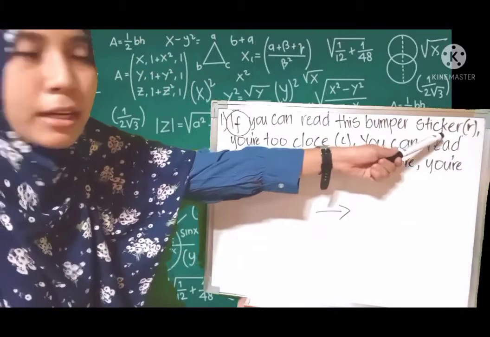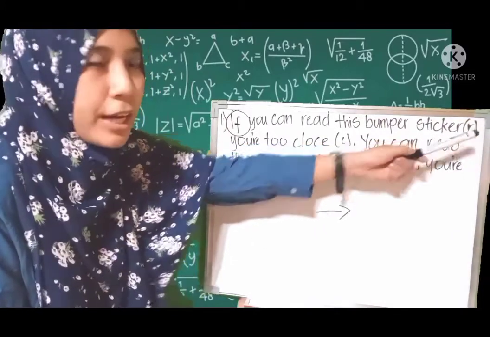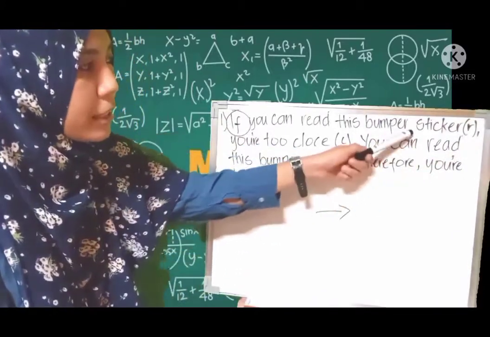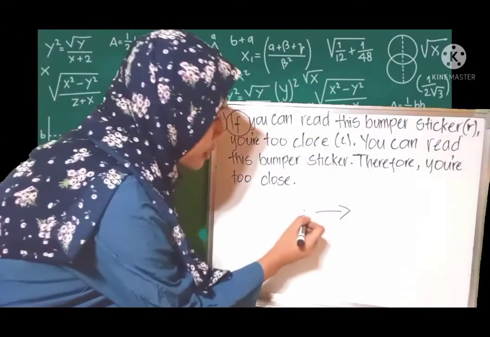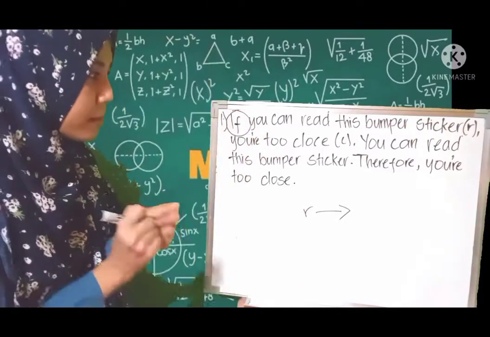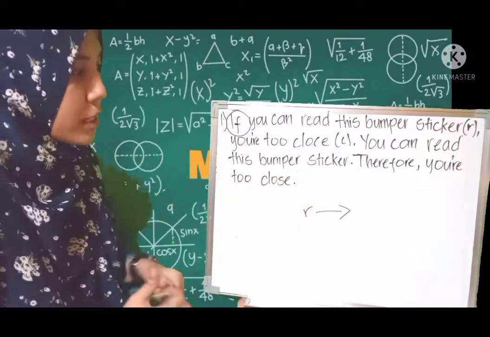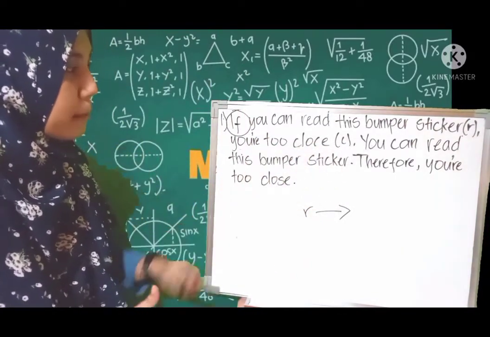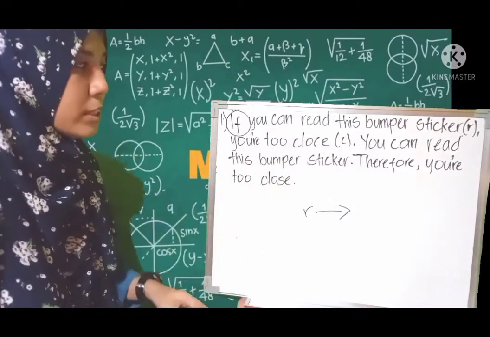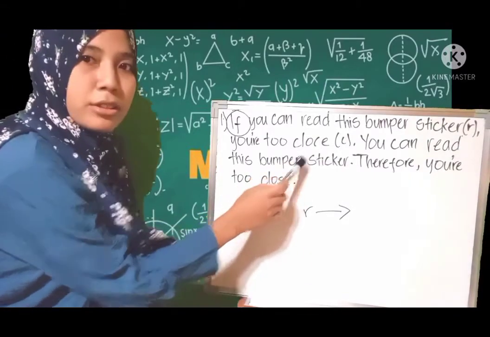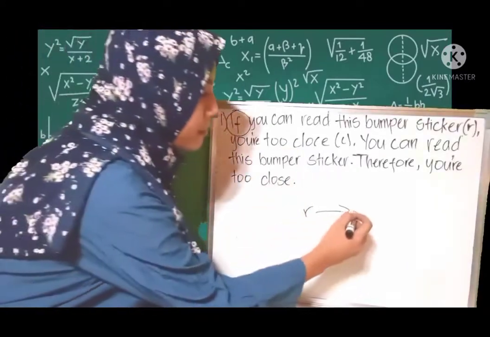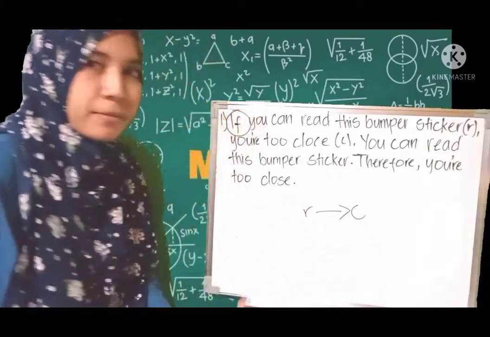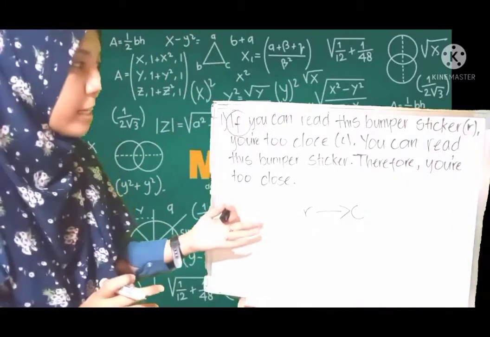So, sticker, nag-represent siya ng letter R. If you can read this bumper sticker, letter R. So, isusulat natin yung R dito. Sa second sentence naman is, you're too close. Yung you're too close, nag-represent siya ng letter C.